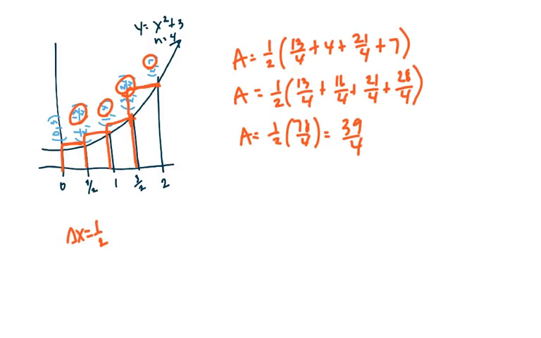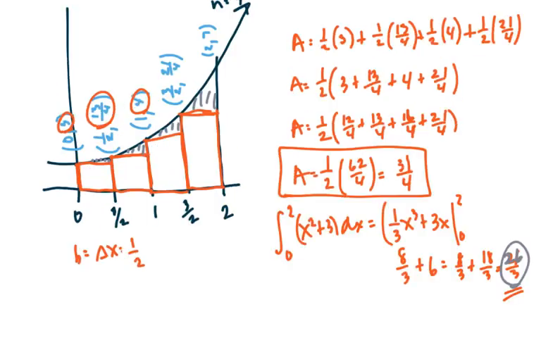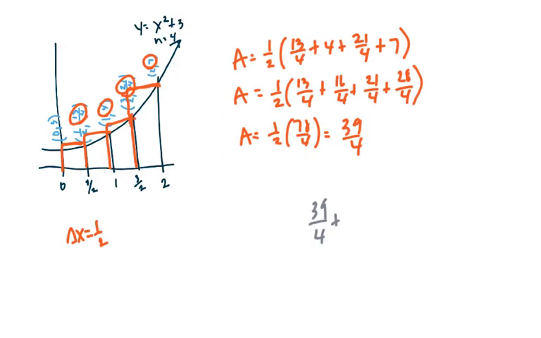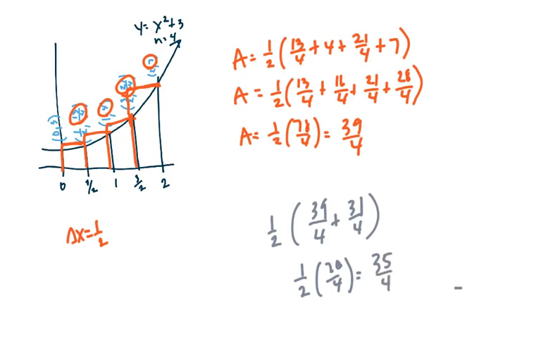We do learn the midpoint rule in Calc 1 because we learned that if we take 39 over 4 from our right bound and 31 over 4 from our left bound, and we average them, so we take half of that, that means we're really taking half of 70 over 4, which is 35 over 4. 35 over 4 is nearly 9, so that's a whole lot closer to our 26 over 3.